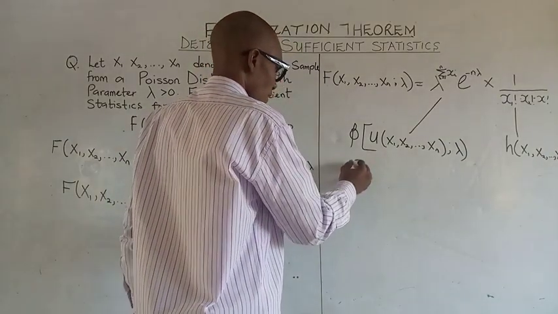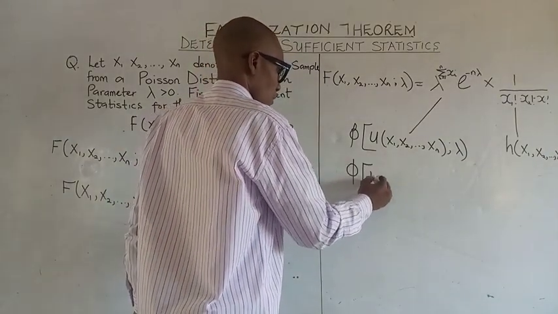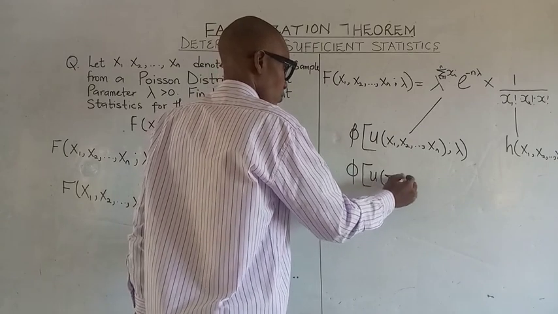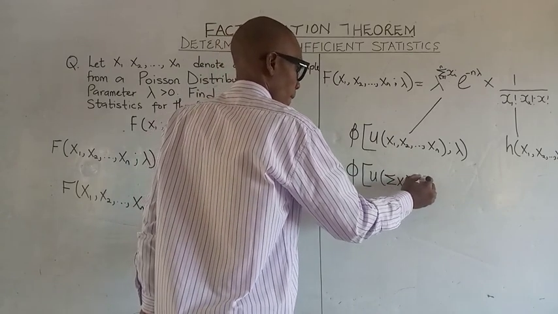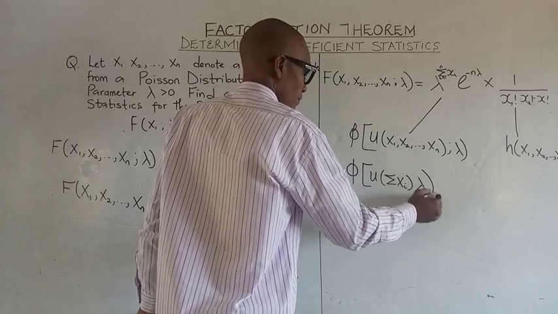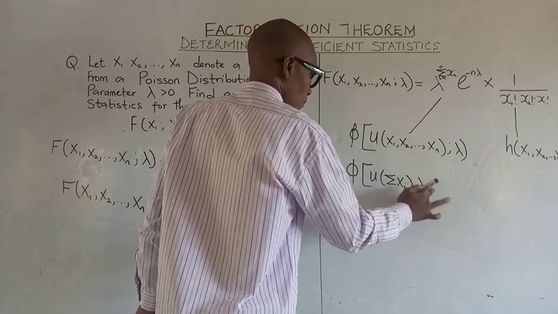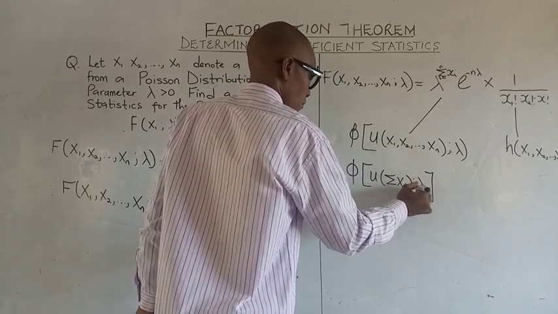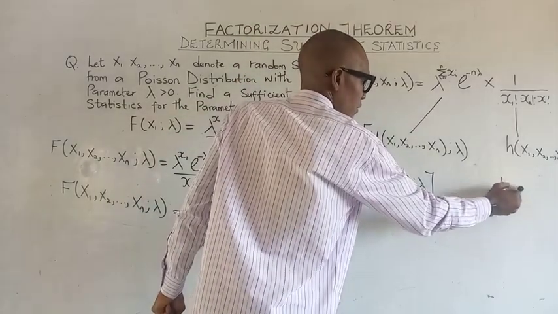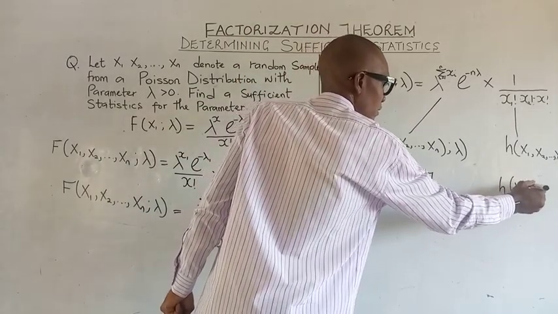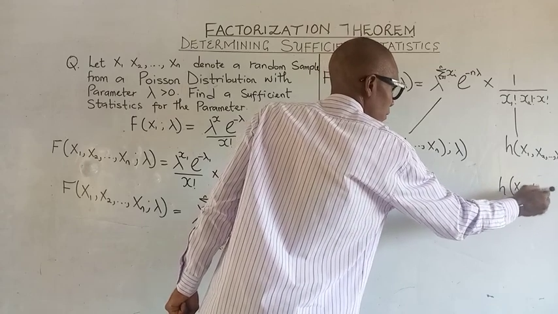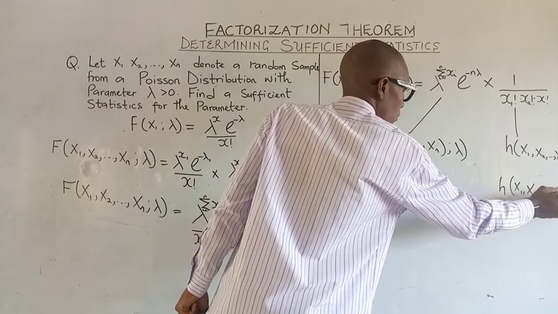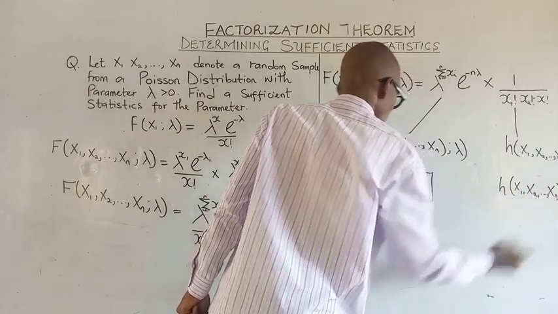Hence, we can write this as g of the summation of xi and lambda, times h of x1, x2 to xn.